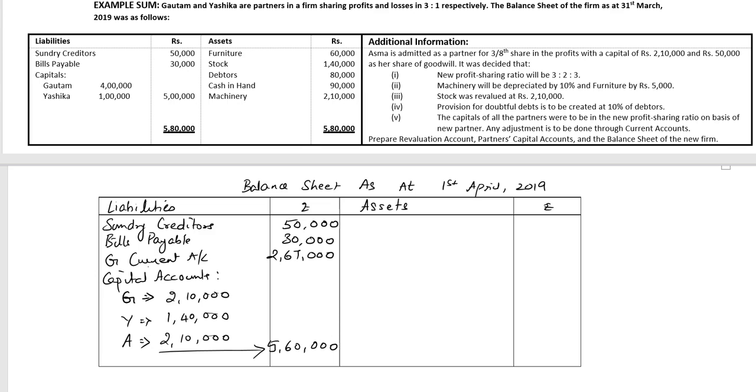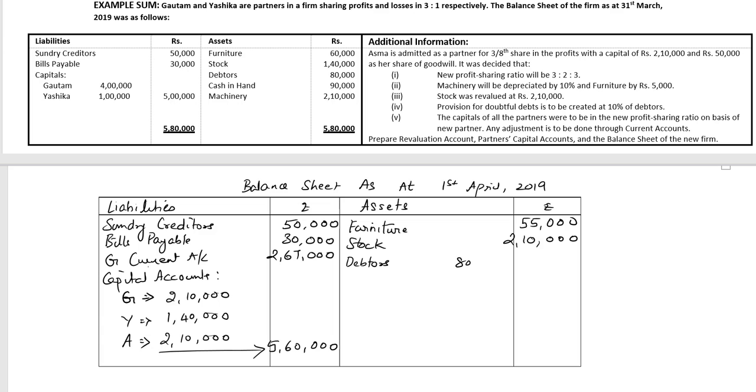We'll insert the items on the asset side. First item, furniture. We need to reduce 5,000 rupees, so now it's 55,000 rupees. Stock. Stock is revalued at 2,10,000 rupees. Debtors.